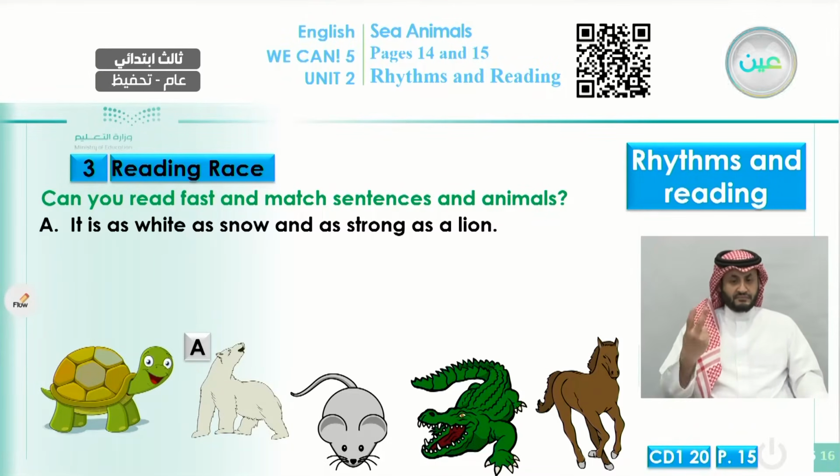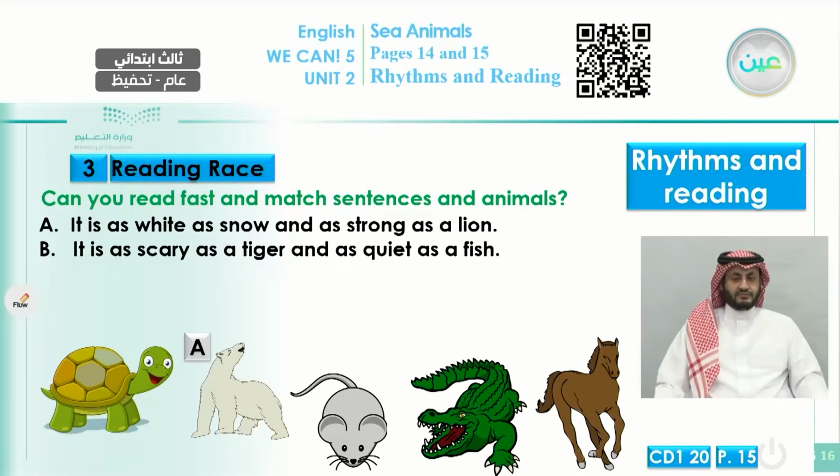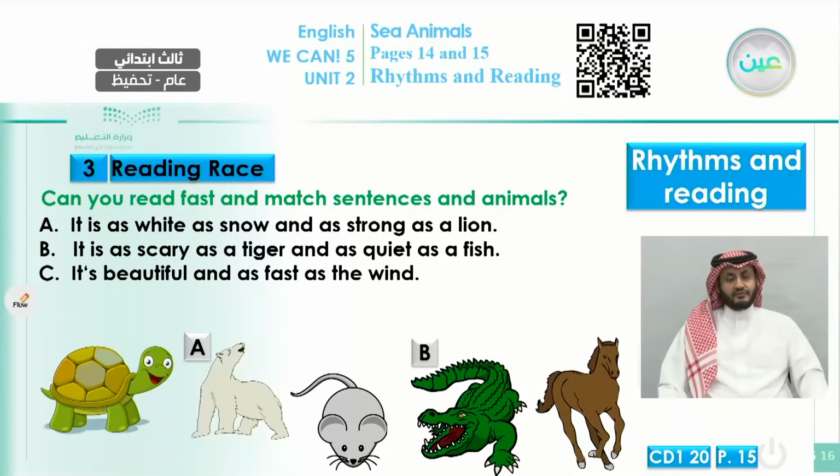Now find this. It is as scary as a tiger and as quiet as a fish. Can you guess? Which animal is it? That's right, it's a crocodile. What about this one? It's beautiful and as fast as the wind. That's right, it's a horse.